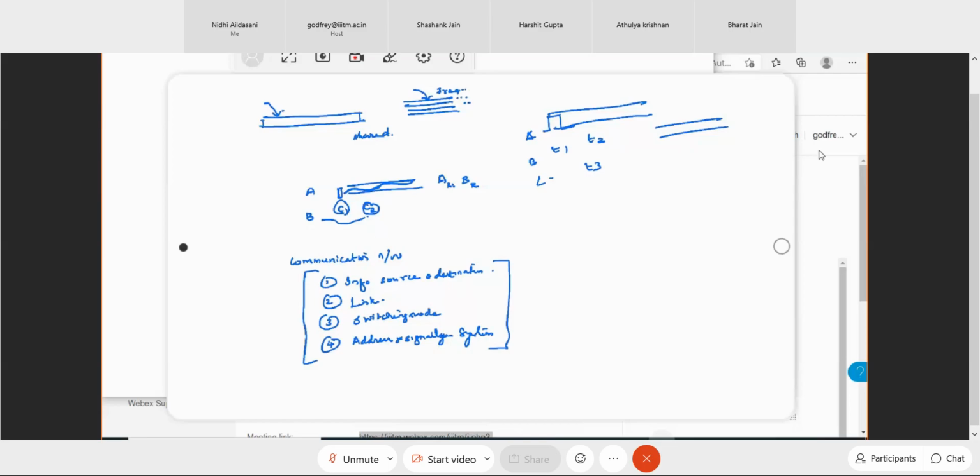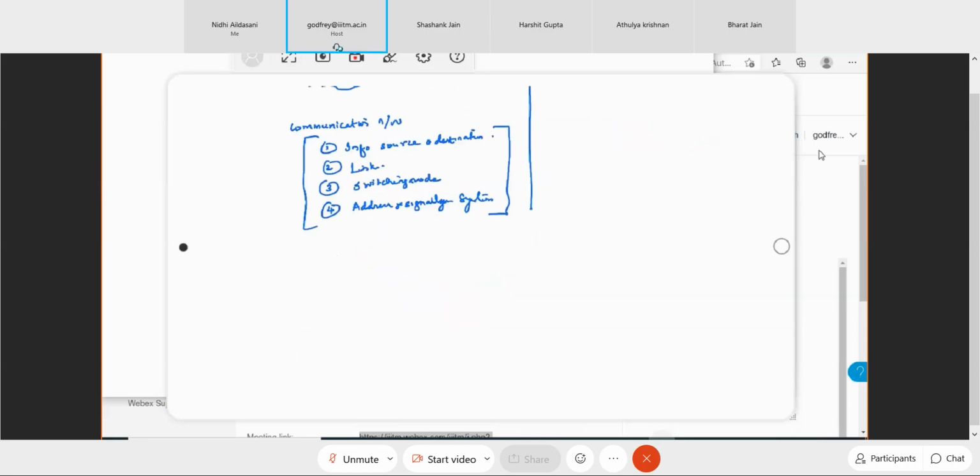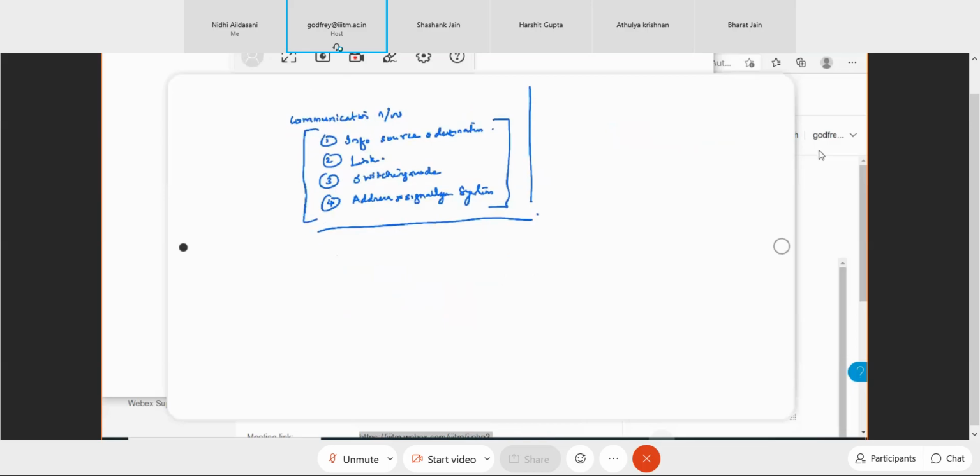Now, if you look at communication networks, users use the communication network, and one characteristic aspect of a communication network is that the user behavior is always random in nature. Say for instance, you have a telephone network.